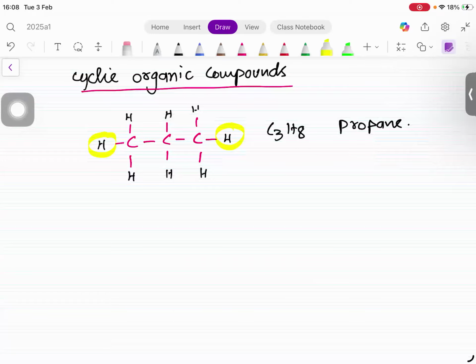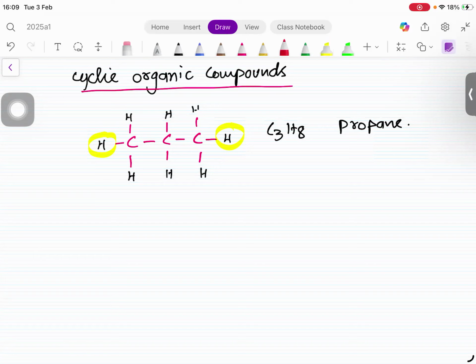The only change is that the straight compound, an aliphatic straight chain, will turn into cyclic. There is no other change in its properties. The functional group remains the same, everything remains the same, chemical properties are the same. It just turns into a cyclic compound. Obviously, it becomes different from that.